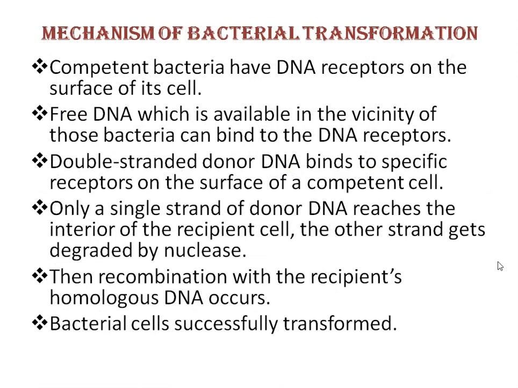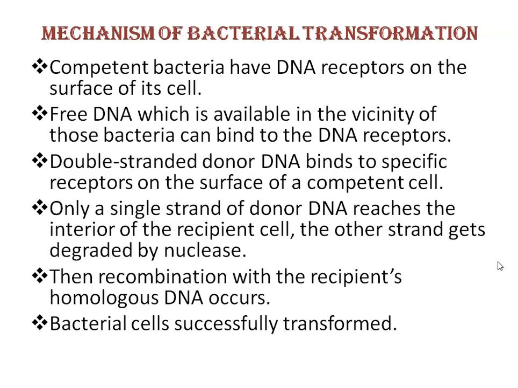Now, what is the mechanism of bacterial transformation? Competent bacteria have DNA receptors on the surface of the cell. Free DNA, which is available in the vicinity of these bacteria, can bind to these DNA receptors.